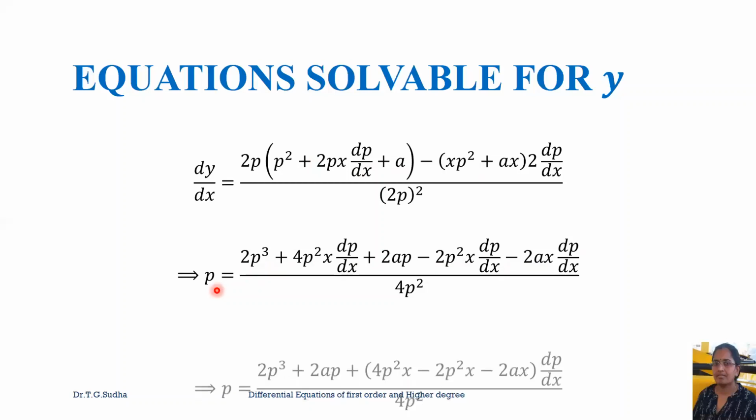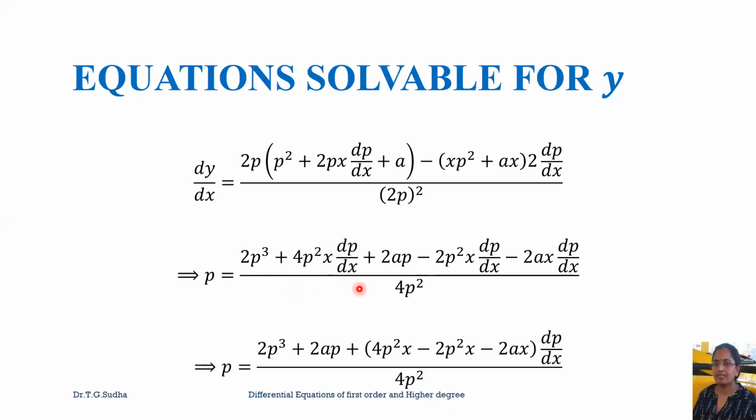Now let us collect the terms containing dp by dx and the terms not containing dp by dx separately. So here we have 2p cube plus 2ap, which are independent of dp by dx, and the terms containing dp by dx, that is 4p square x minus 2p square x minus 2ax into dp by dx, whole thing divided by 4p square.